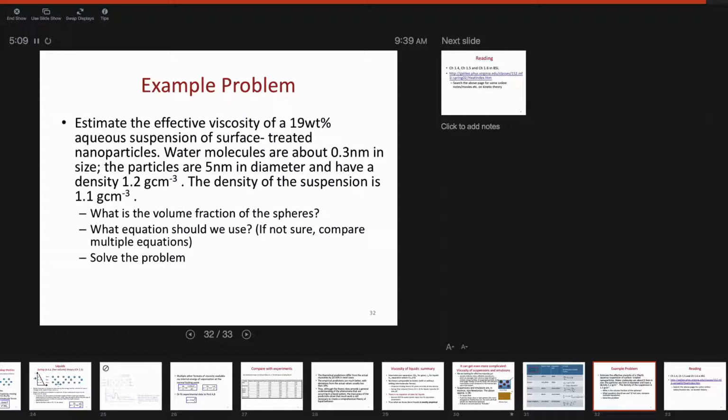There's plenty of nanoparticles around this department in various research groups. And I'm just giving you these water molecules for kicks, just to give you the idea how they compare to the nanoparticles themselves. So if you have a 5 nanometer nanoparticle, a water molecule is 0.3, so it's not that much different.